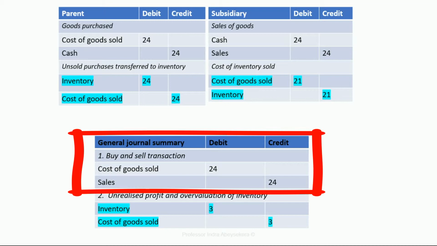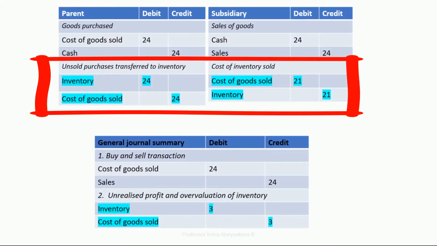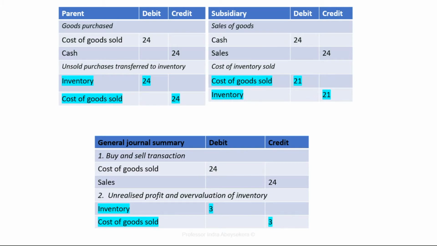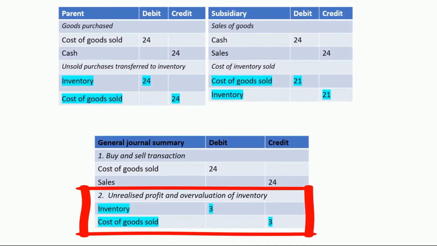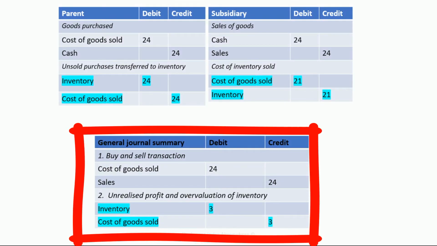When it comes to the unrealized gain and overvaluation of inventory, the last two rows of the general journal entries, we can combine them and we come up with inventory, a net value of debit of 3 million, and cost of goods sold of 3 million, which is a credit. So it is this general journal entry that we have to eliminate.